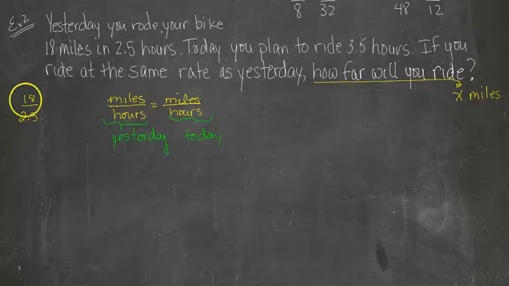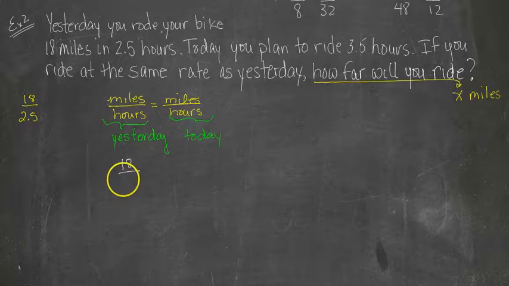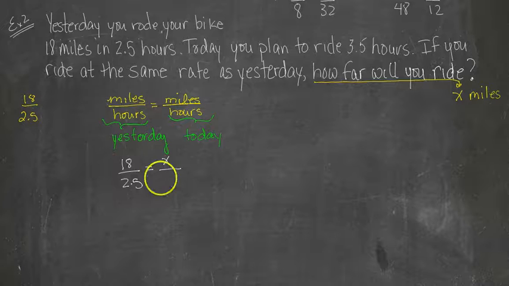Well, yesterday you did 18 miles in 2.5 hours. That was yesterday. Today you're going to do, well, remember, x miles is the thing we don't know. Some number unknown of miles today in today's time is going to be 3.5 hours. Okay, so now you have a proportion, and I can solve for x.